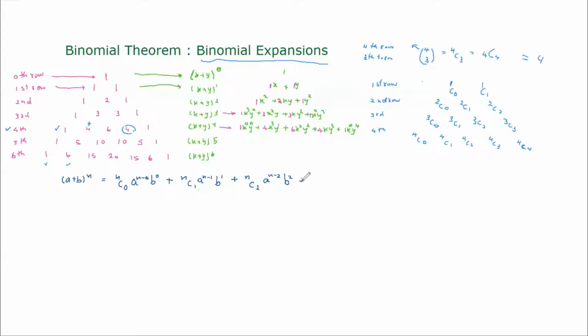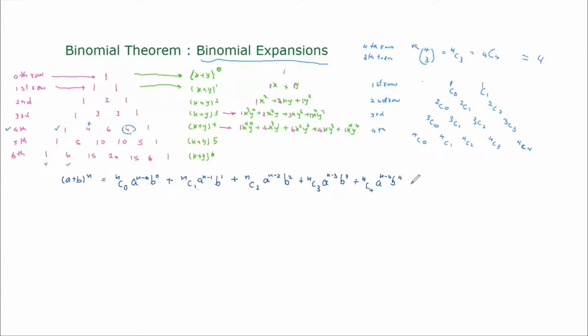And plus, go on, nC3, again a to the power n minus 3. b you get from here, power 3. Go on, plus nC4, then a^(n-4), b to the power 4.